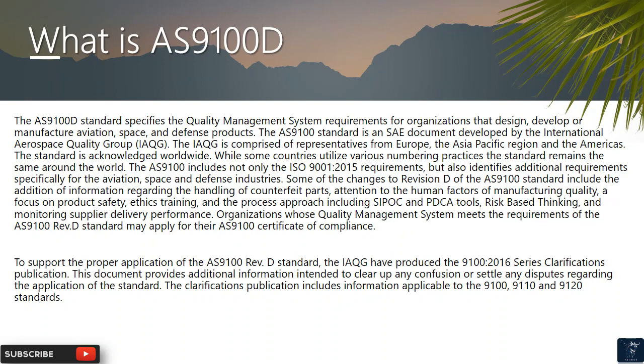This document provides additional information intended to clear up any confusion or settle any disputes regarding the application of the standard. The clarifications publication includes information applicable to the 9100, 9110, and 9120 standards.